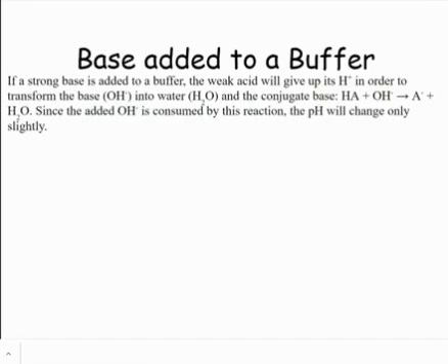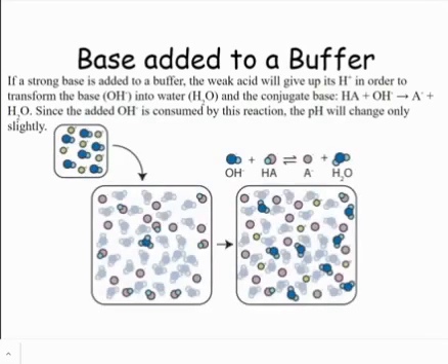So when you add the OH minus, it will find that weak acid, pluck off an H plus, convert that OH minus, which would shoot the pH way up, into water, which is neutral, and leave behind more weak base. So the strong base is consumed, leaving behind more weak base, like such.